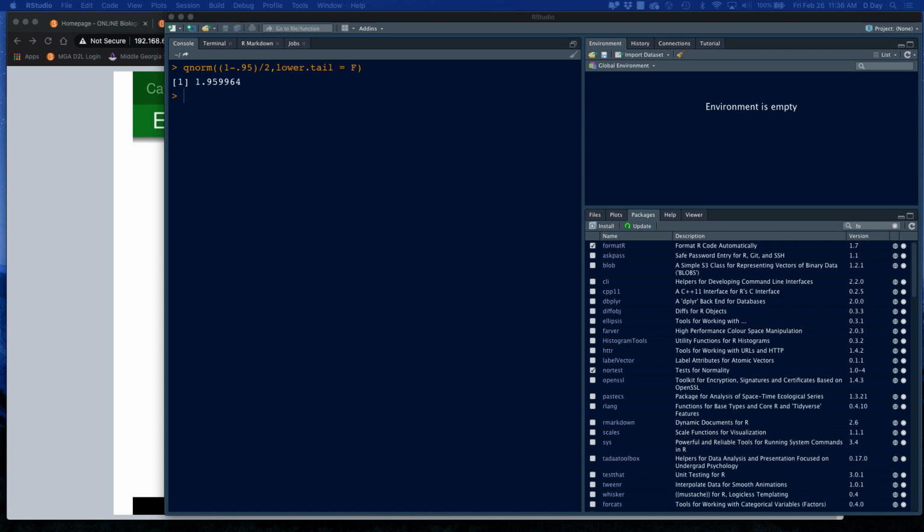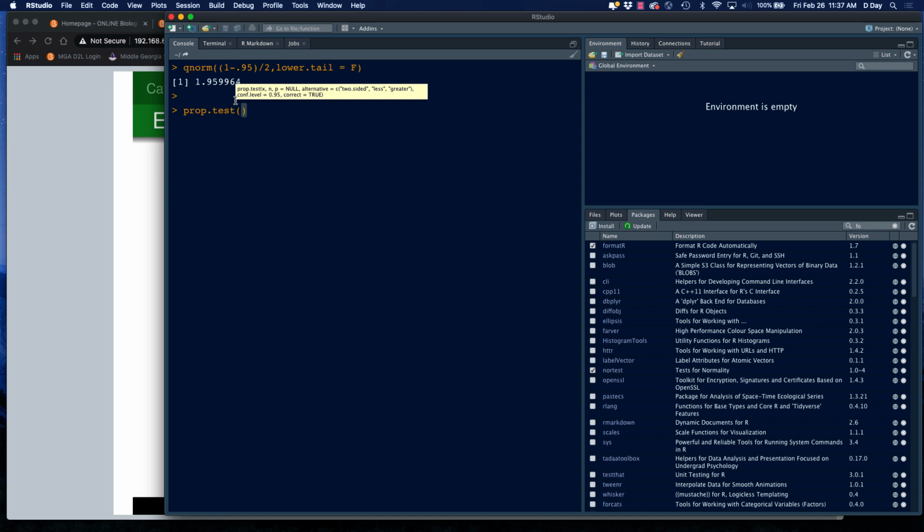But if we wanted to run this without doing much in R, we just need to do the following. You need to do prop.test, all right? Within it, we need to put both x values, x1 and x2, in that order. Remember, for the biofeedback treatment group, x1 was 560, and the NSAID group was 680.